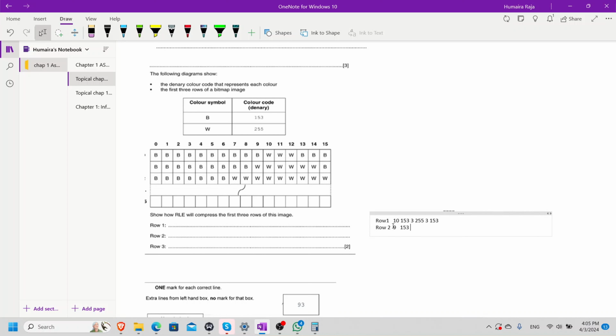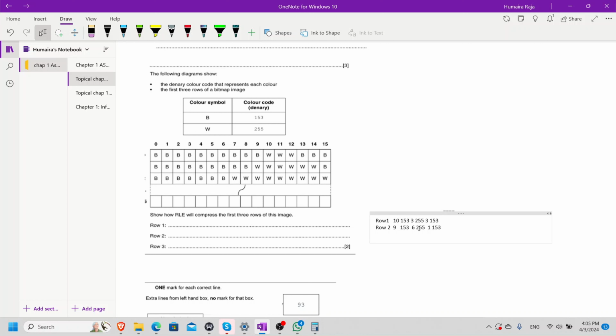Again, count how many white? 1 2 3 4 5 6. Okay, so I will write 6, and the code for white is 255. Okay, and then how many blacks? We have 1 black, and what's the code for black? 153.